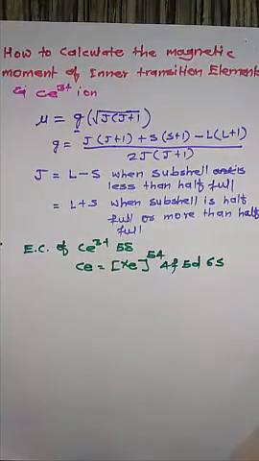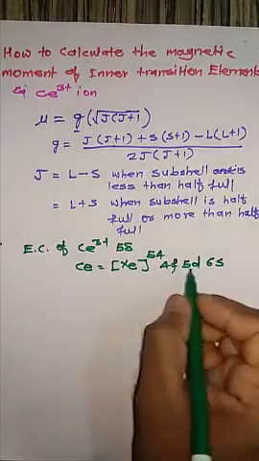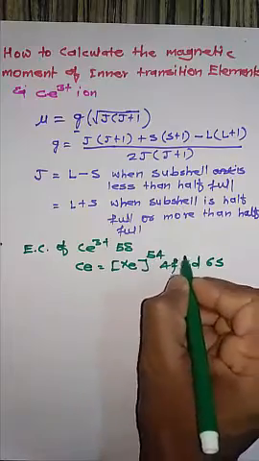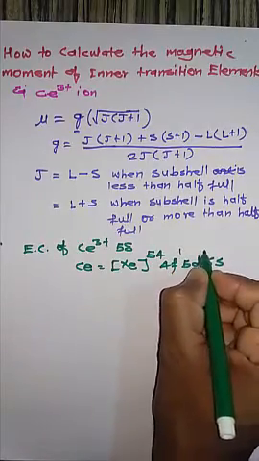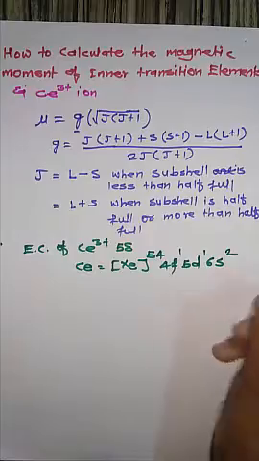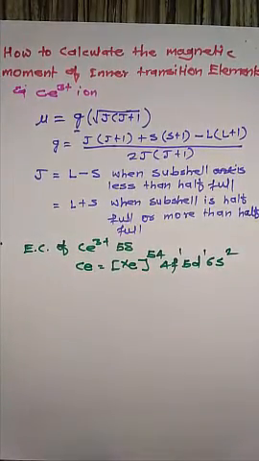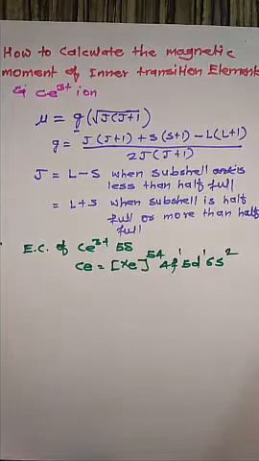These are the valence shells for cerium. In the 5d there is 1 electron and in 6s there are 2 electrons.